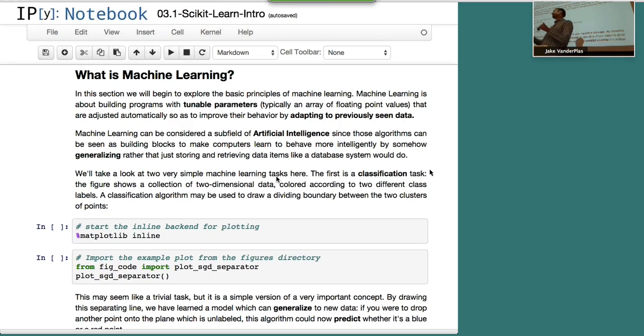Now, if you think back to the last couple of days, you might think to yourself, what's the difference between this and just doing a maximum likelihood estimate, like fitting a line to data, and then that line tells you about new data? The answer is there's no difference. Machine learning is just maximum likelihood estimation. You define a model, you fit it to data, and then the model tells you about new data. So there's nothing new here that we haven't done yet.